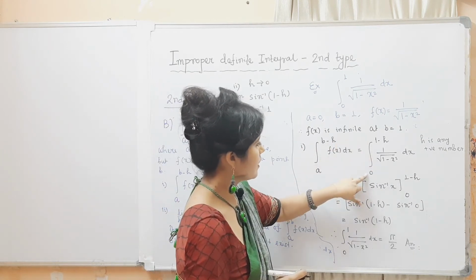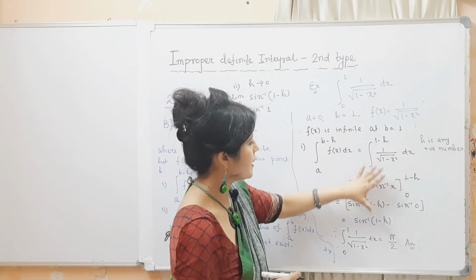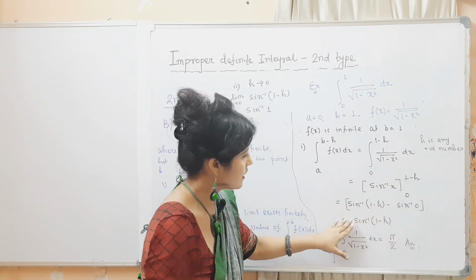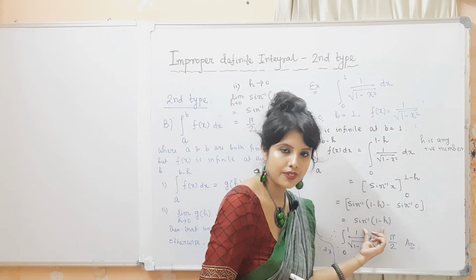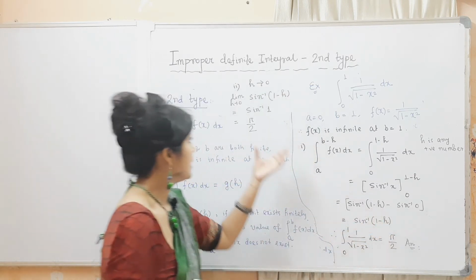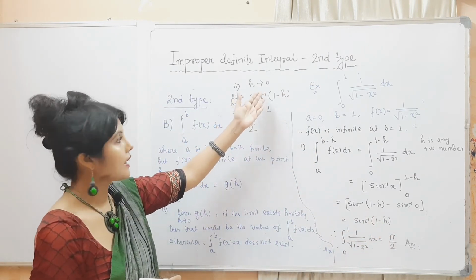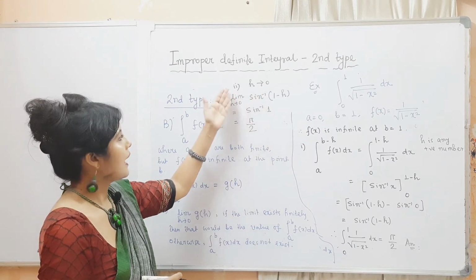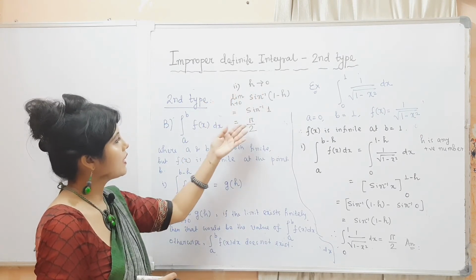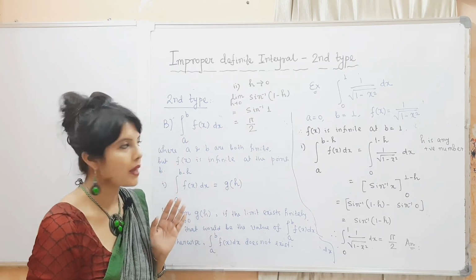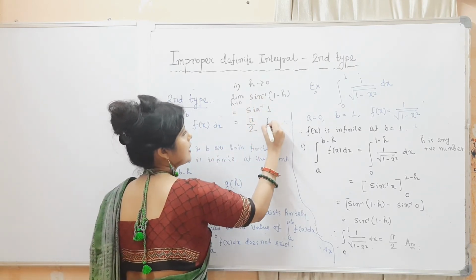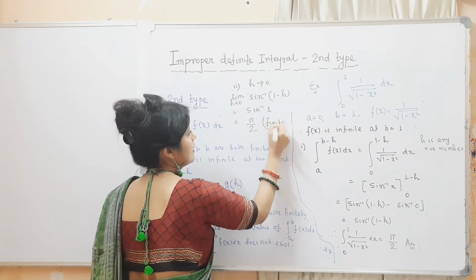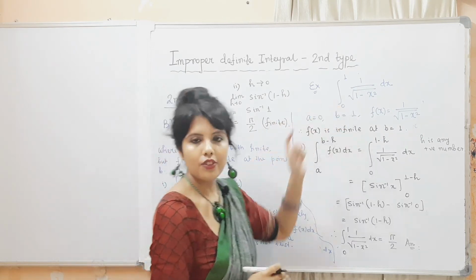So I have substituted the values of a and b, and then solved this integration, and finally I have got the value as a function of h, that is sin inverse (1 minus h). Then I have taken h tends to 0, and this shows that the value of the limit is finite, pi by 2, and since the limit is finite, that would be the value of the integration.